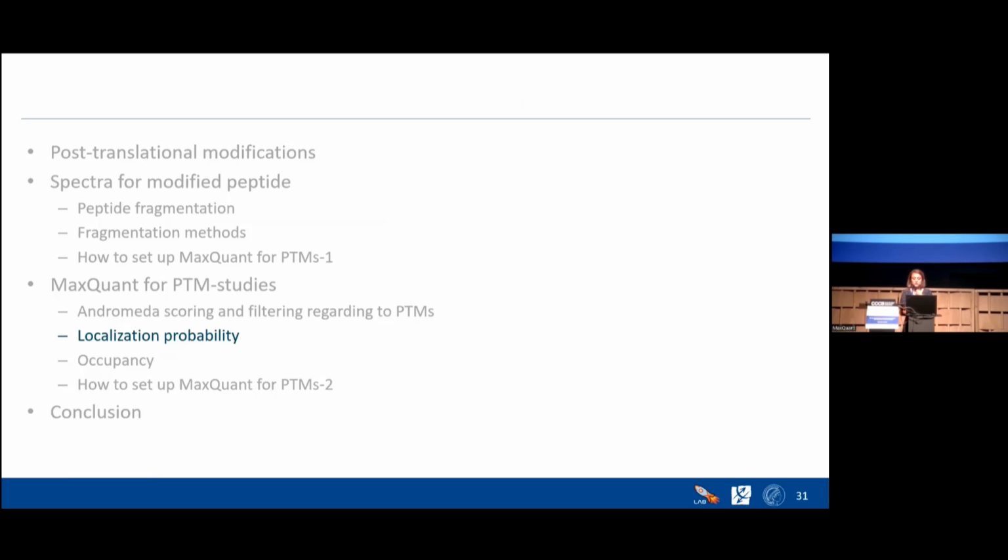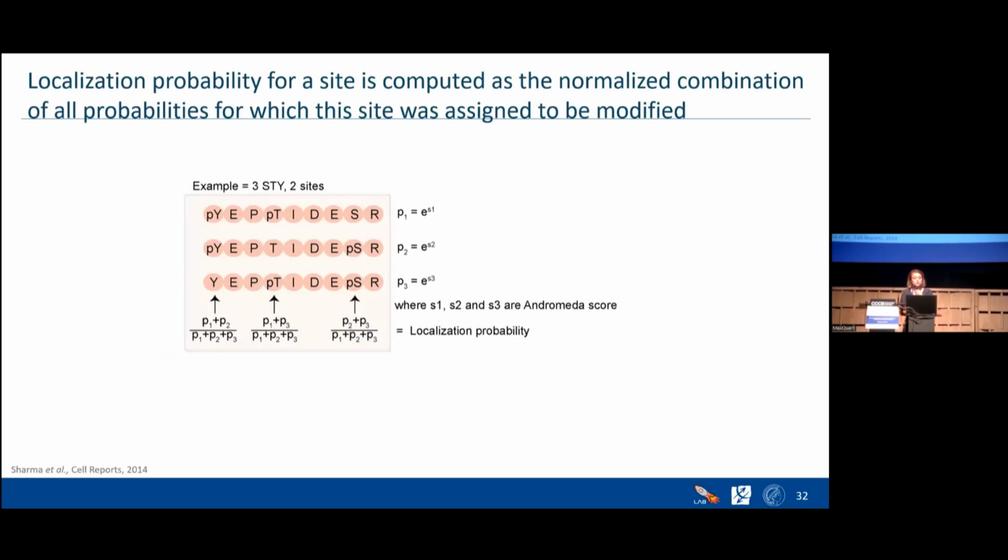So the localization probability. This shows us how likely it is that our phosphosite is really occurring over there, giving us some statistical power. This is calculated as the normalized combination of all possible sites for which this site was assigned to be modified. So let's look at our example.